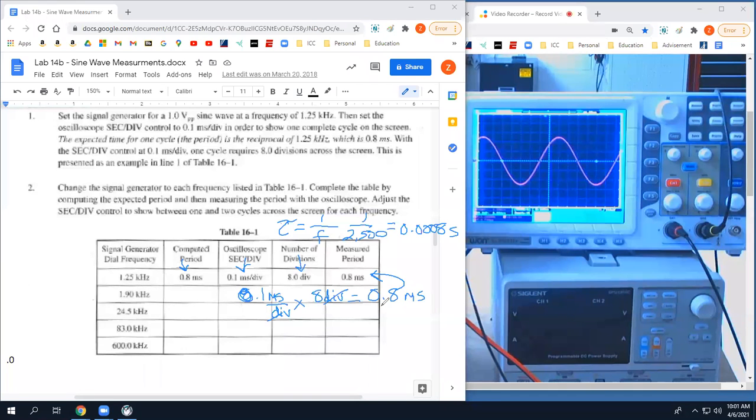We're measuring how far this way the cycle is, right? So each division represents. Now we're measuring horizontal. Okay? That's how they came up with that information.